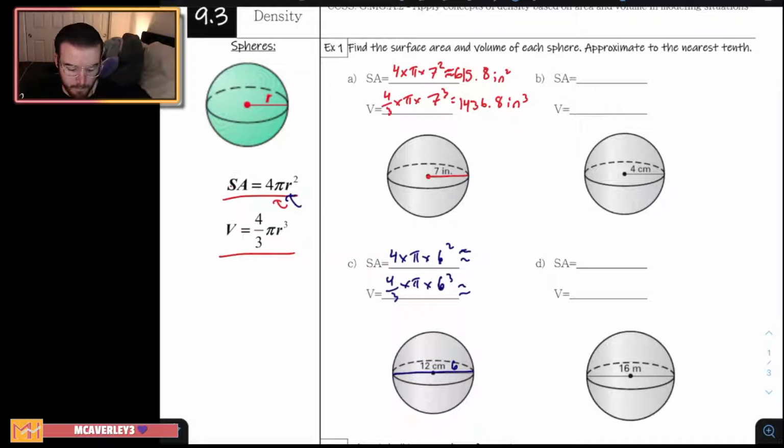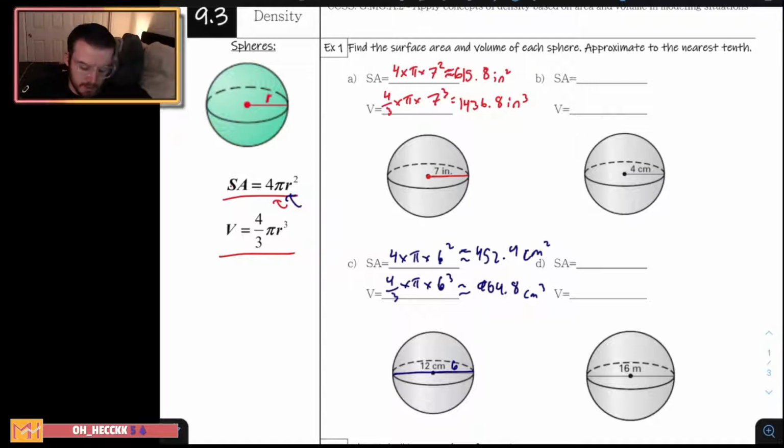Times pi times 4 is 452.4. And then we've got 6 cubed. I don't know what that is offhand. 6 cubed is 216. Times pi times 4 divided by 3 gives me 904.8. This is centimeters squared for surface area, centimeters cubed for volume.